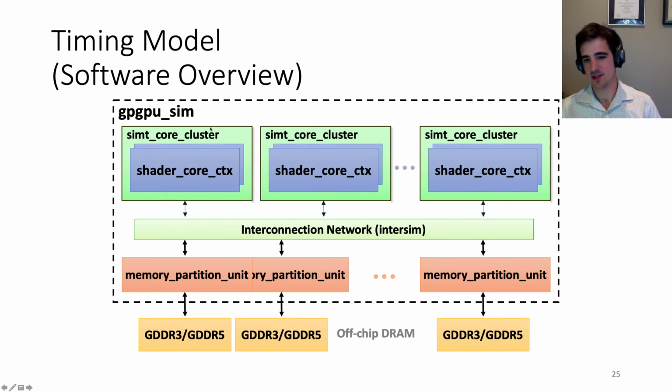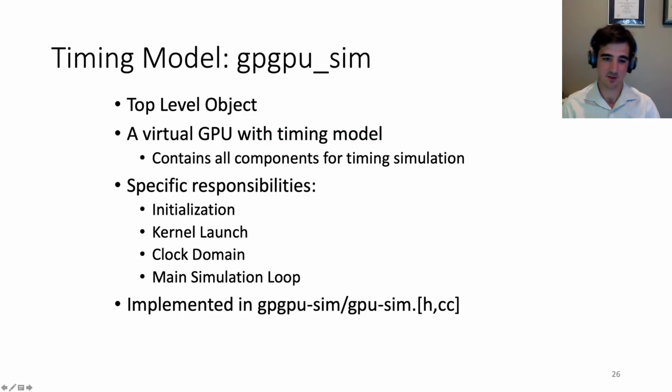So anything that's labeled intersim is where all of that lives. And then the memory partitions are implemented inside this memory partition unit class. And then there's a couple of DRAM files, DRAM.cc, that implement whatever DRAM timing that you're trying to simulate inside GPGPU-Sim.